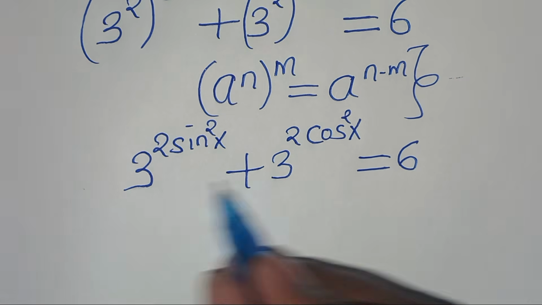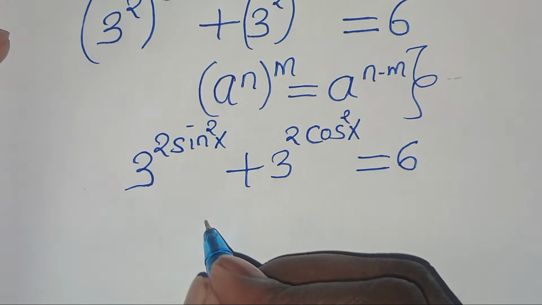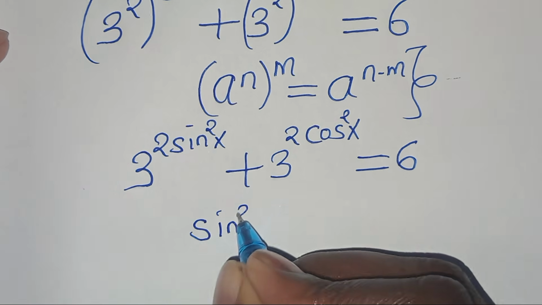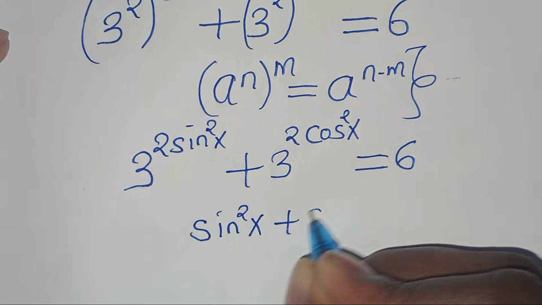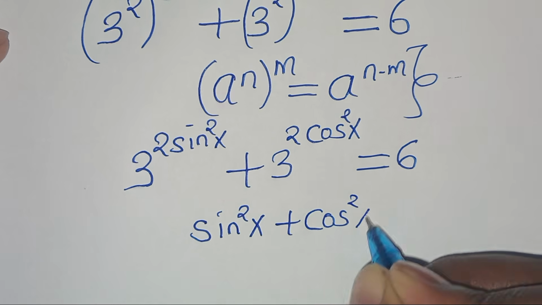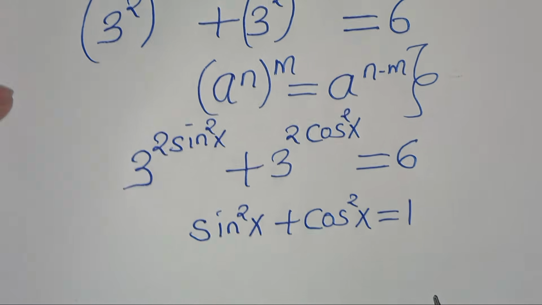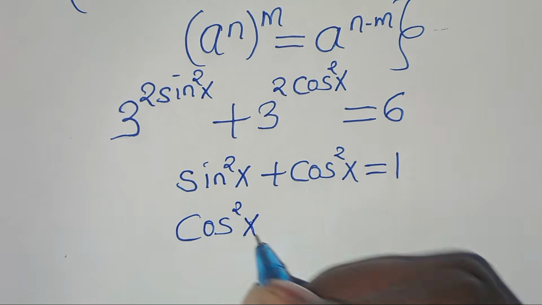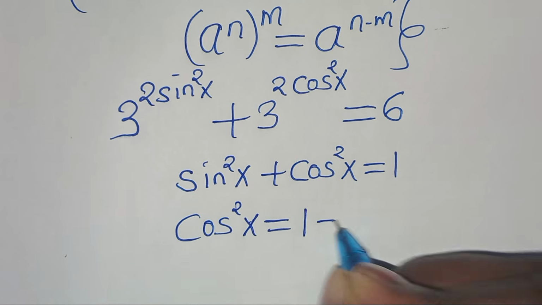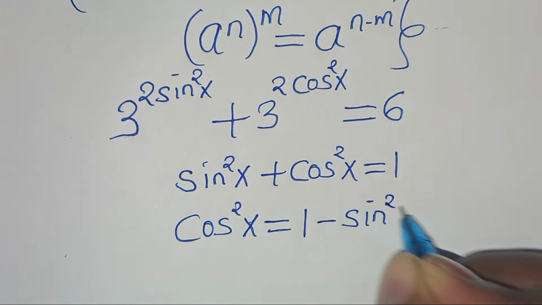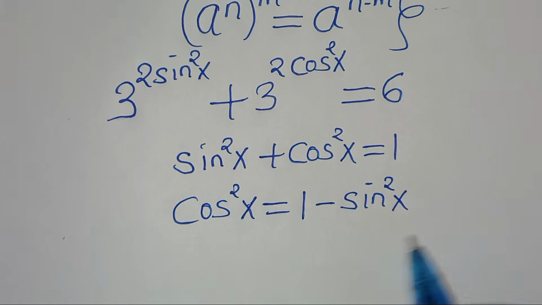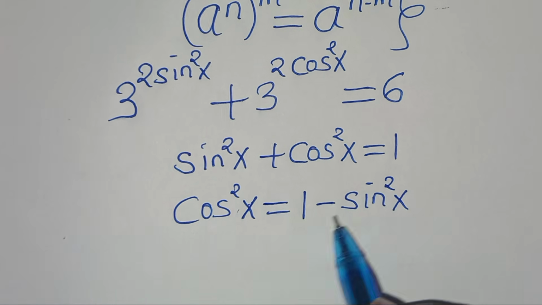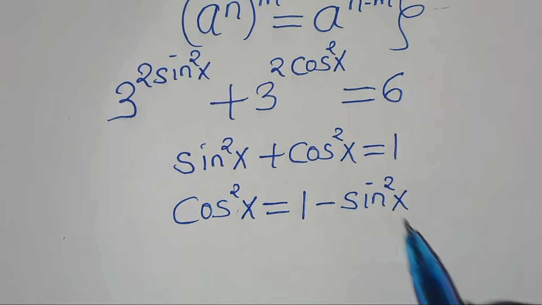The next step, let's apply the trigonometric identity, which states that sine squared x plus cos squared x is equal to 1. So this implies that cos squared x is equal to 1 minus sine squared x.